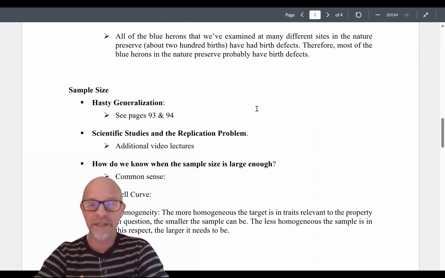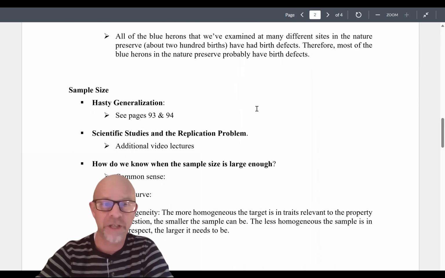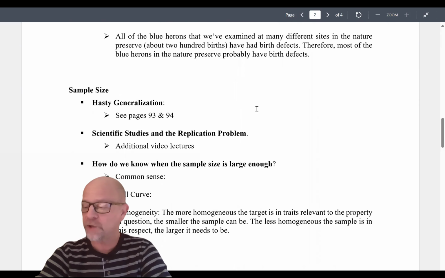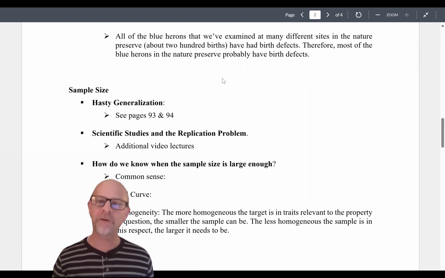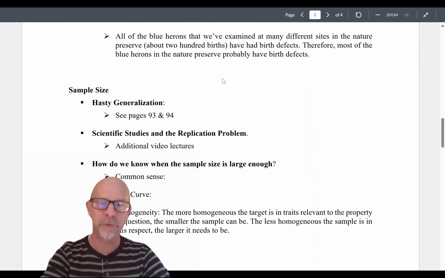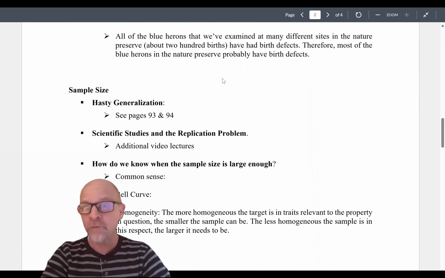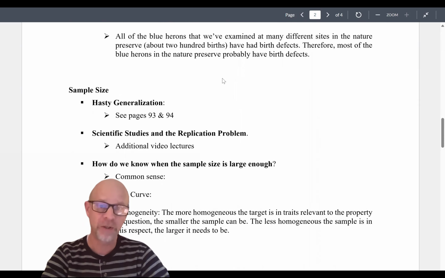All right. So, what is the target group? What is the sample, and what is the property under consideration here? Well, the target group is going to be blue herons in the nature preserve. Notice that that's not just blue herons everywhere in the world, but rather it's the blue herons in the nature preserve. All right, so then what is the sample size? The sample size is 200 of these birds, right?